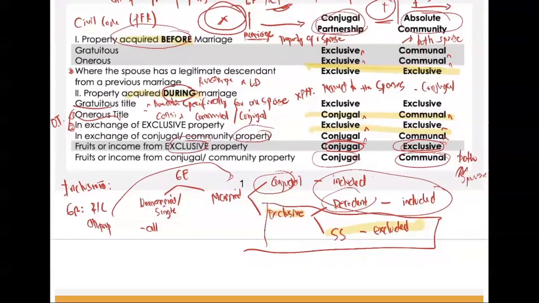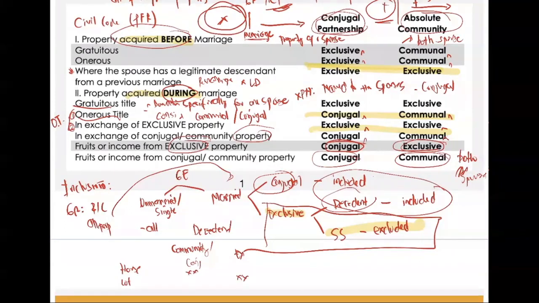Sir, ano din yung itsura niya sa aming gross estate? So what you will only include on your community or conjugal property and your exclusive property are the items of the decedent. So hahatiin niyo siya. So for example, house, community, ilagay mo dyan. Yung lot, exclusive niya lang, ilagay mo dyan. Okay?